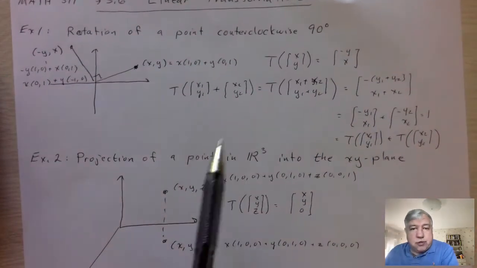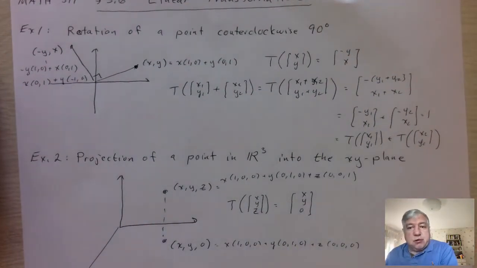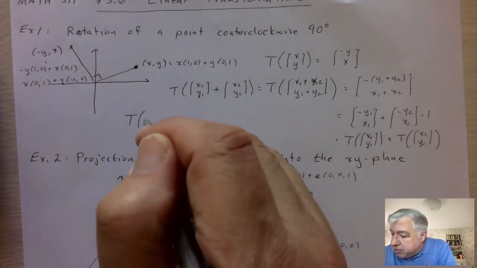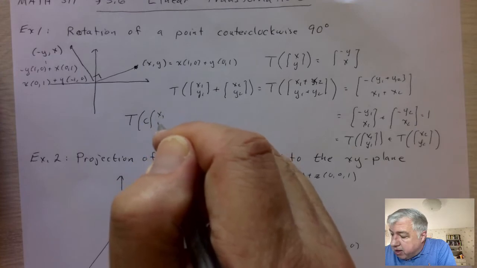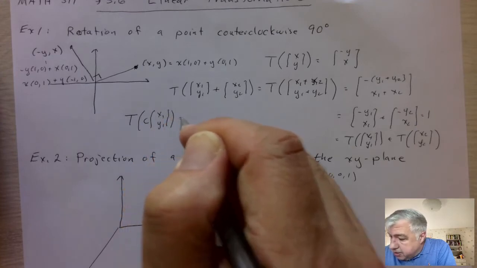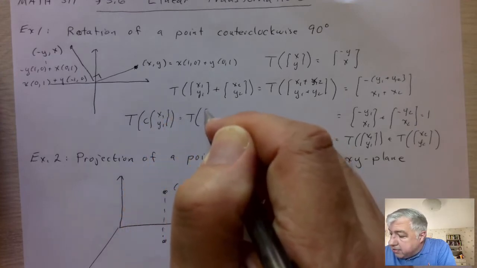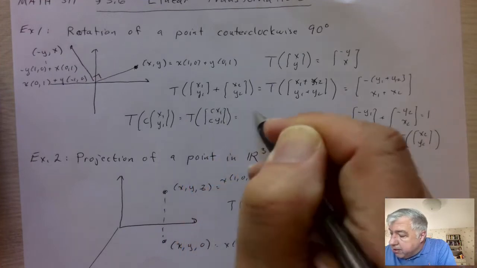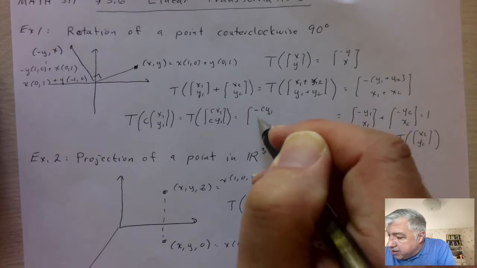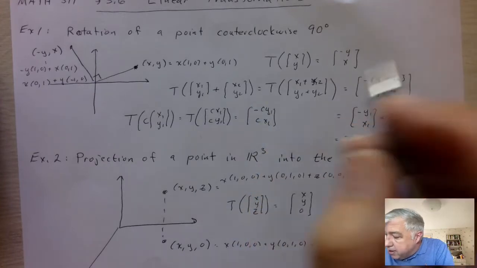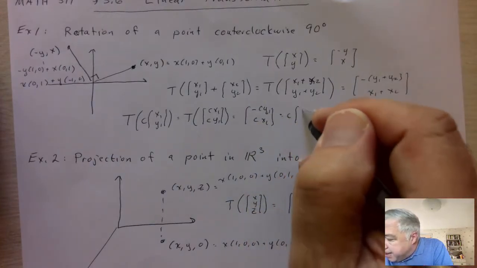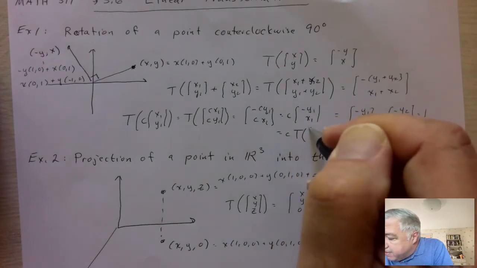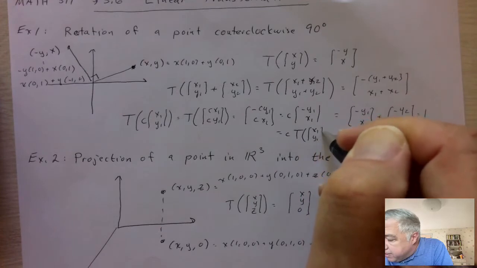Okay, so this certainly preserves vector addition, and in fact if we compute T of c times (x1, y1), this is T of (c x1, c y1), which is (minus c y1, c x1), which is c times (minus y1, x1), which is c times T of (x1, y1).